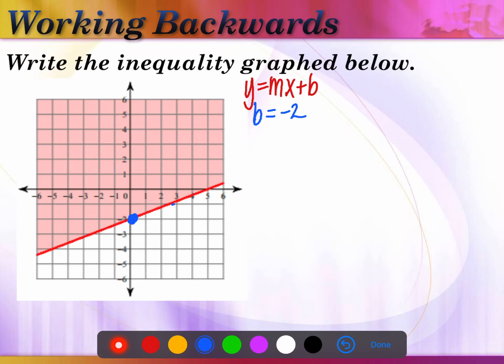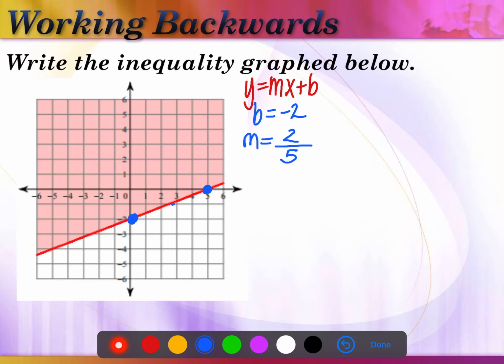Now I'm going to find another point that this line goes through. I see there's one right there, and I'm going to count my slope. So it's up 5 and over 2.